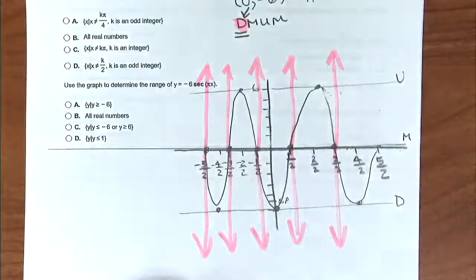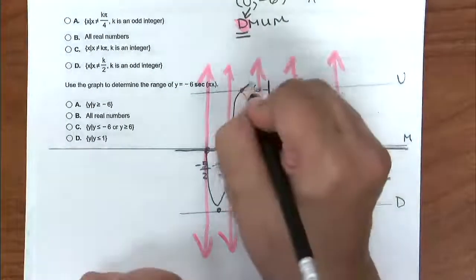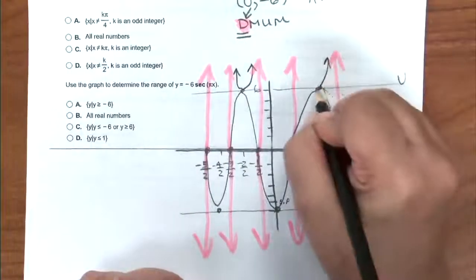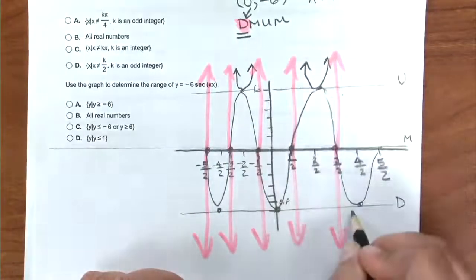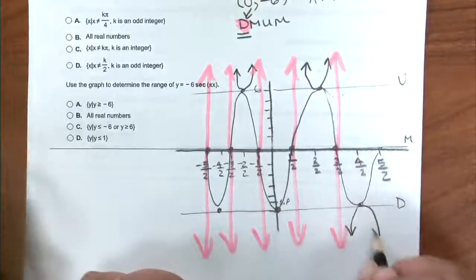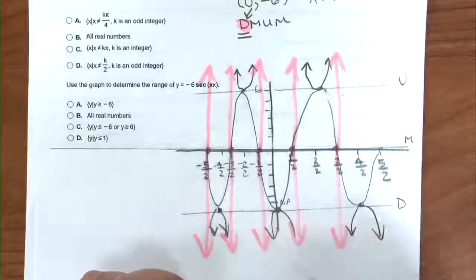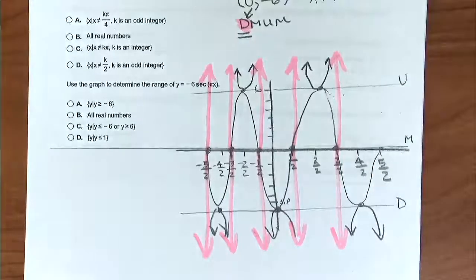Okay, and then open up your parabolas where it maxes upward. Where it mins out, downward. Okay, answer the questions.